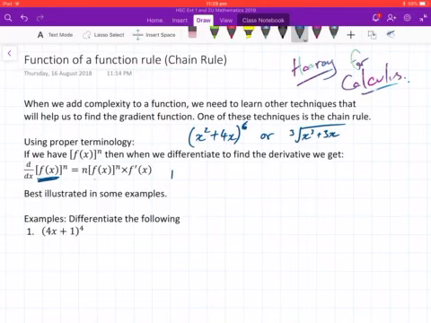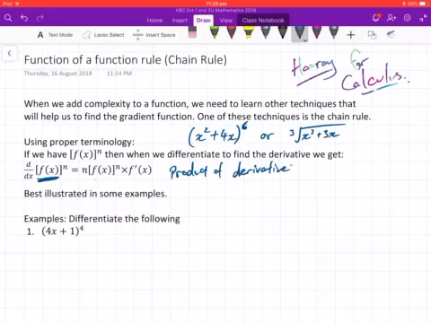So it's the product of derivatives. You're thinking about it as moving outwards in. You deal with the power of n of the whole function first, and then I've actually made a mistake here. That should be n minus 1. So n minus 1, and then it times f dash of x.